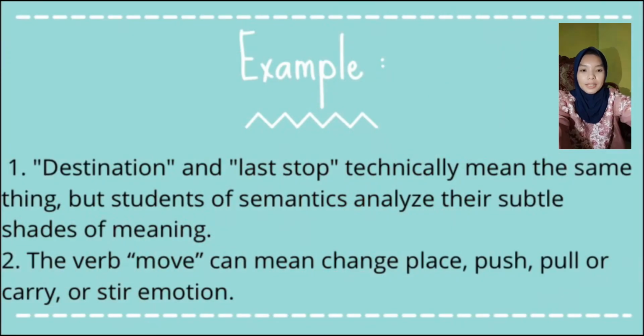For example, destination and last stop technically mean the same thing, but students of semantics analyze their subtle sets of meaning. Next example is the verb move, which can mean change place, push, pull, and carry, or steer motion.